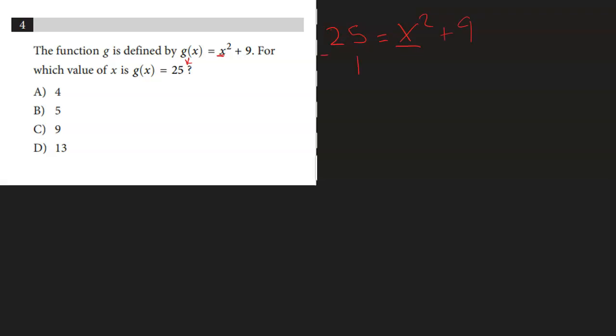So we would naturally subtract 9 from both sides. 25 minus 9 would be 16 equals x squared. If you have a squared number or variable, you would square root it, get rid of that. And we would have 4 equals x. And yep, here we go.